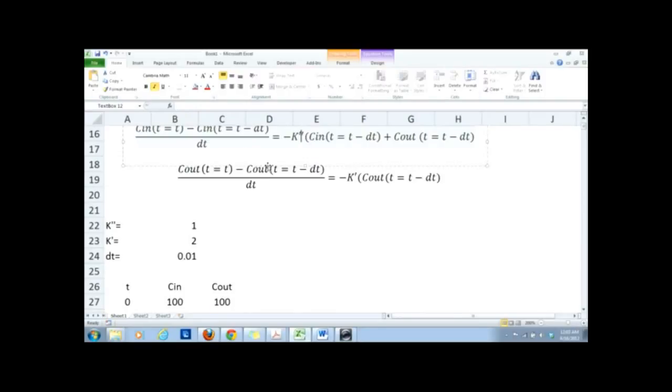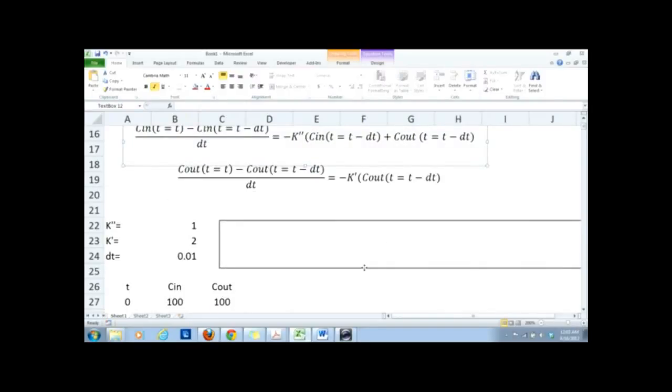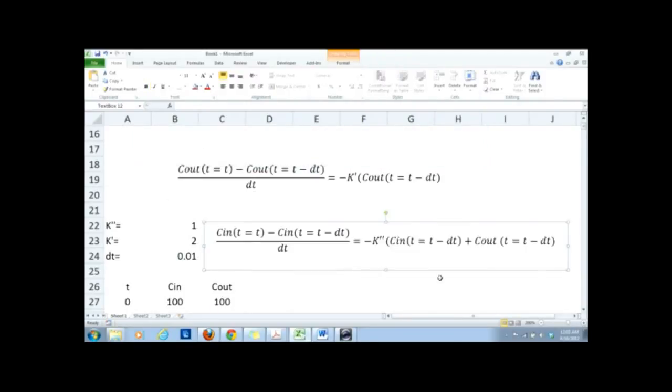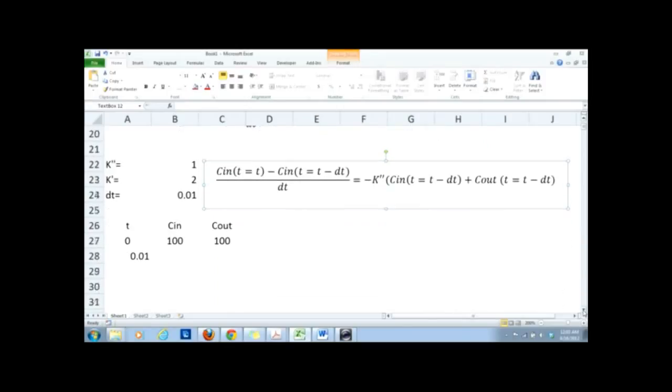Let me grab the differential equation here. So I'll say C in is equal to C in at t minus dt, minus dt. So this is dt, and I put a dollar sign again, and then into K double dash.